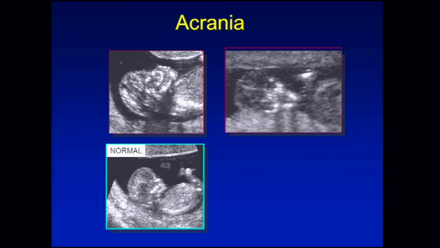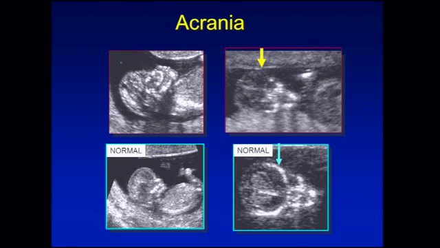In some cases of acrania, the exposed brain can appear smooth and may appear normal, as we can see in this coronal image of the fetal head. An important ultrasound feature for making the diagnosis is the absent cranium, which is obvious when we compare with a normal fetus.